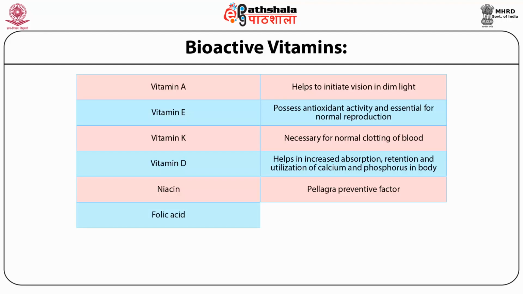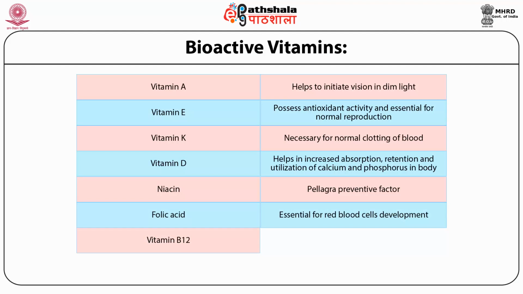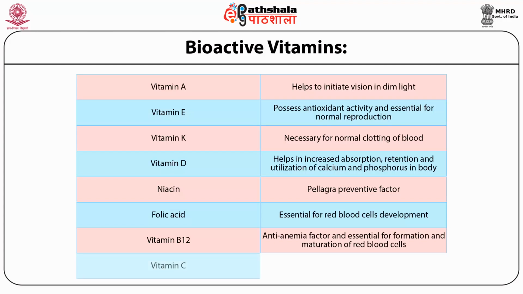Folic acid is essential for red blood cell development. Vitamin B12, also called the anti-anemia factor, is essential for formation and maturation of red blood cells. Vitamin C is essential for formation and maintenance of collagen, dentin and cartilage.